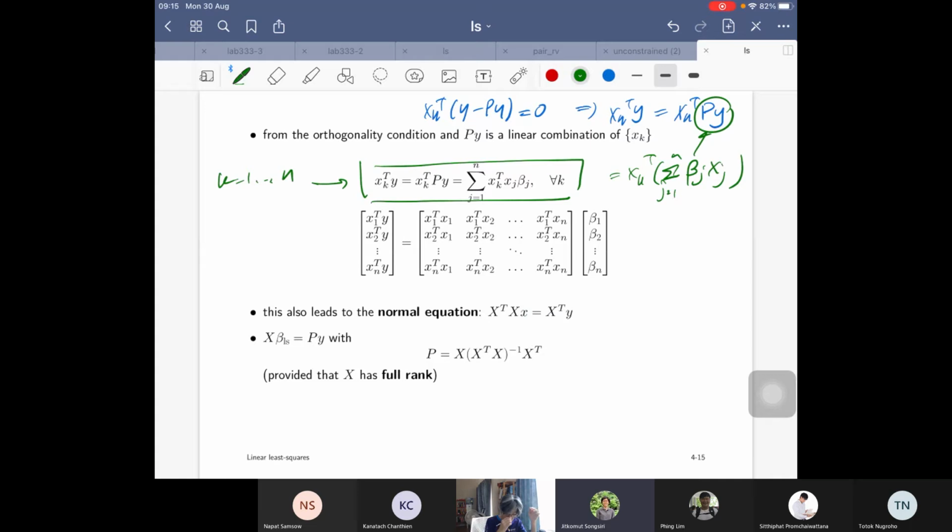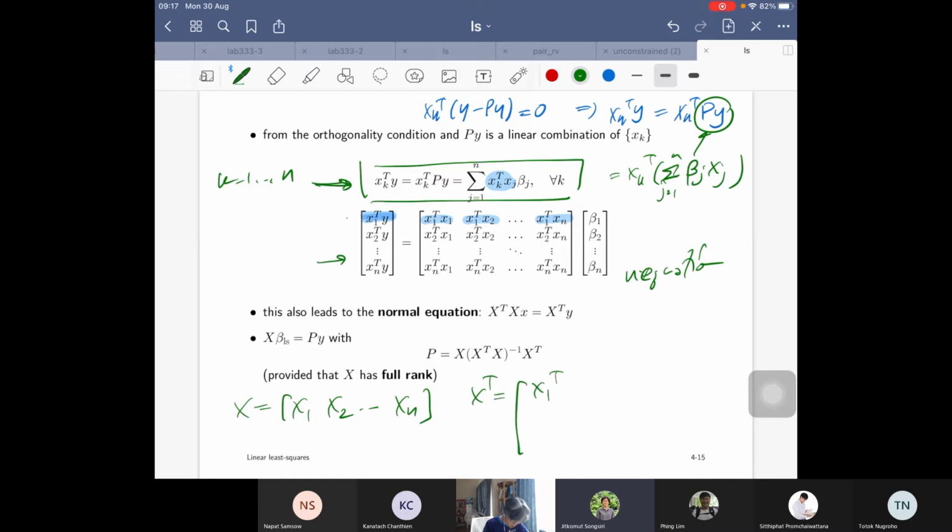Now I'm going to iterate this equation from 1 to n. The first equation is x1 transpose y, and then you have the inner products x1 transpose x1, x1 transpose x2, and so on. When you keep repeating this, you have n equations. I want you to notice that if you have x partitioned into x1 to xn, as I mentioned before, what is x transpose?